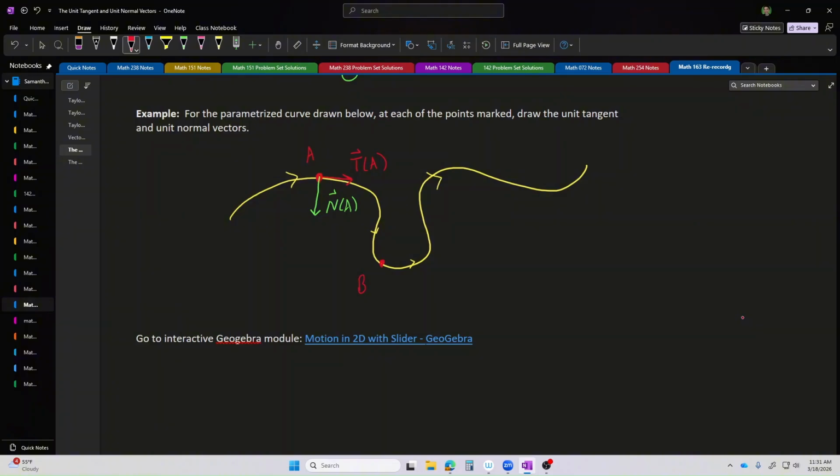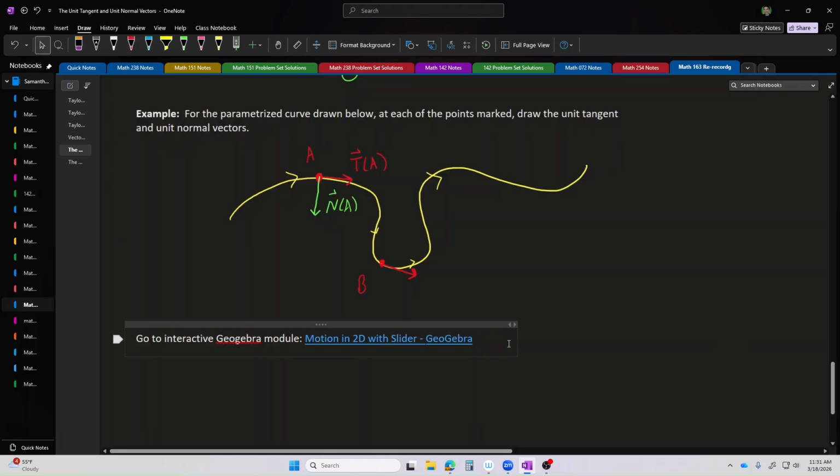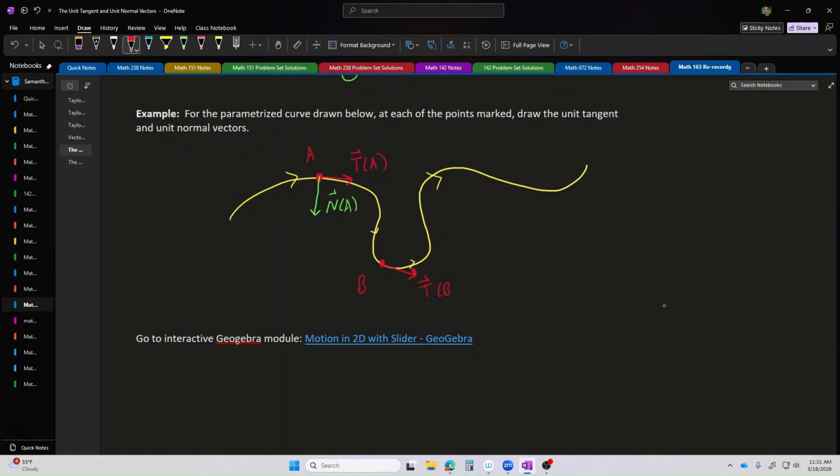Let me go ahead and find the tangent vector and the normal vector at another location along this curve. If I mark a point B along that curve, I can draw the unit tangent vector by drawing a tangent vector of length 1 pointing in the direction that the object is moving at that moment.